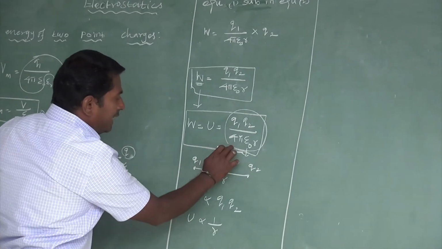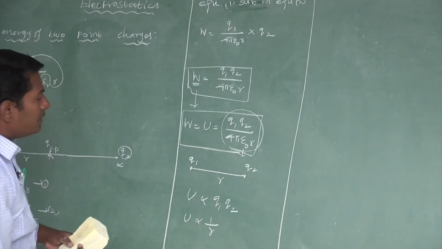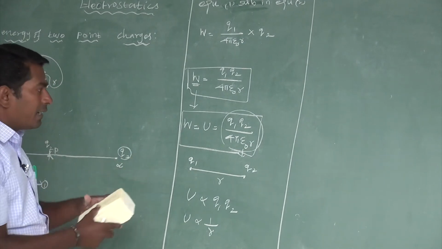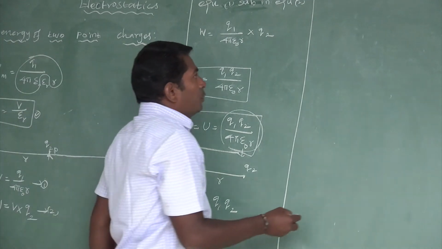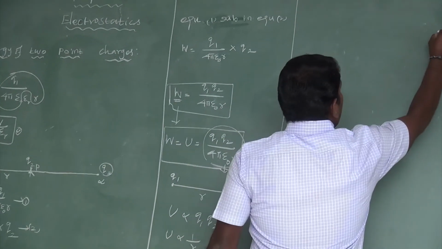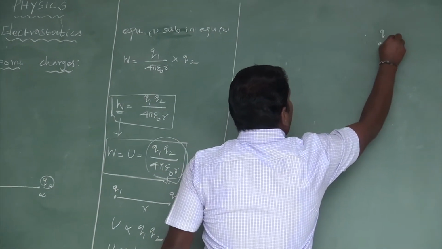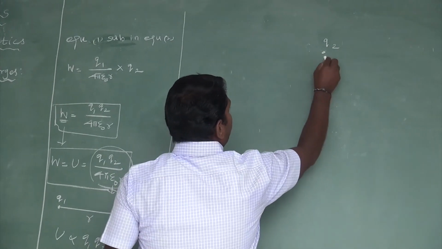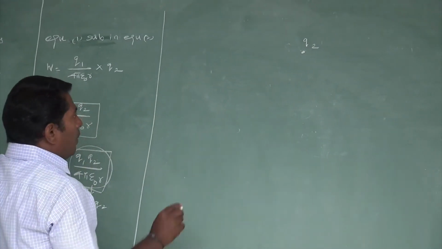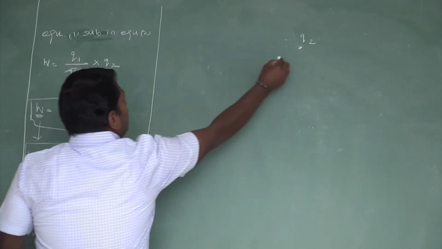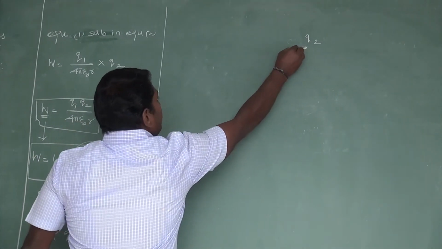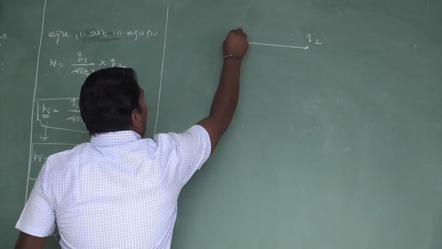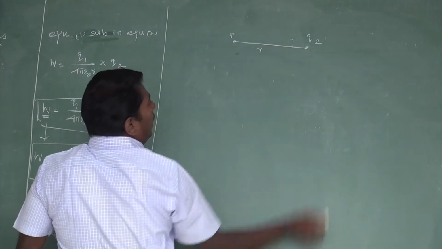this electrostatic potential energy between two point charges can be obtained in another way. Let me assume the Q2 point charge is placed at rest at a position. That Q2 point charge produces electric potential at a point P at a distance r.